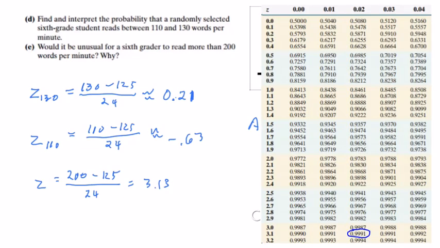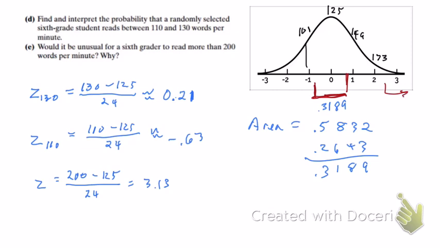Now look at your table. 3.13. The area to the left of that is 0.9991. That means the area to the right of it, which is really what we're after here, is going to be what? Yeah. Thank you.